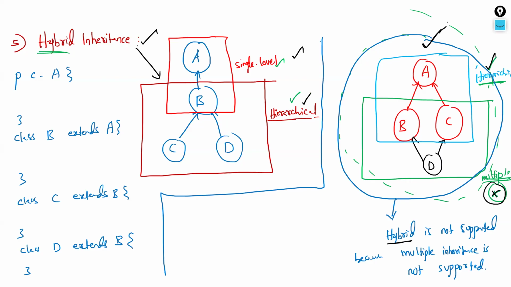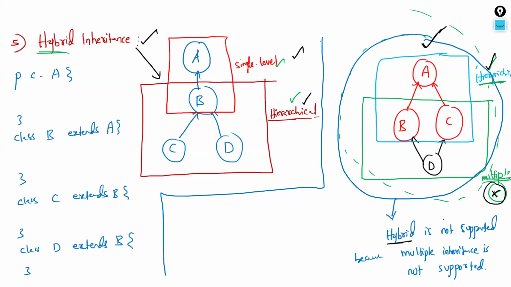Because of this combination, in general, people will say that hybrid is not supported in Java. But no, wherever multiple is involved in the hybrid, if both are supported, it is possible. If any one is not supported, it is not possible. If both are not supported, also not possible.